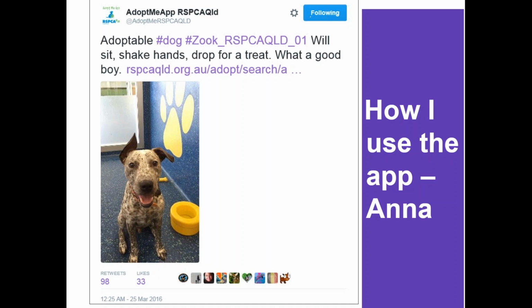But I find that if you can get a really nice background, something really colourful or patterned, and then get down a little bit so that you're more on the dog's level, it gives it a more personable feel, rather than taking it from above where it's like, oh yeah, it's just a dog. If you get down really low and get involved with it, it does seem to take a better photo.